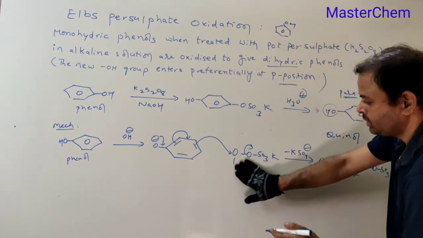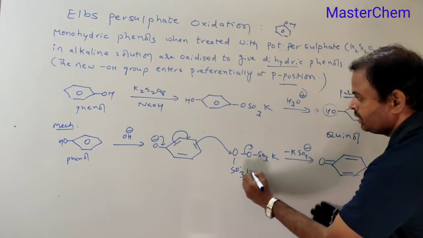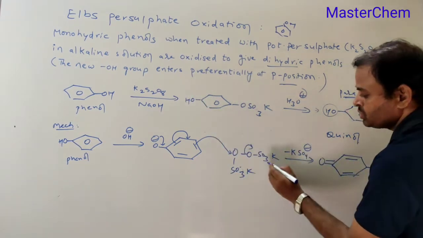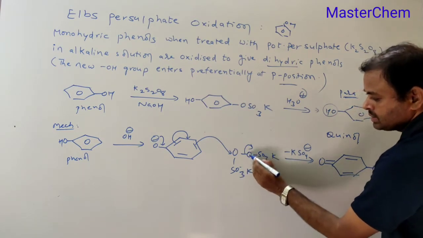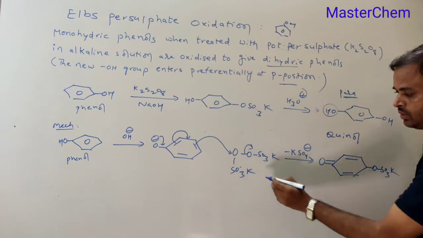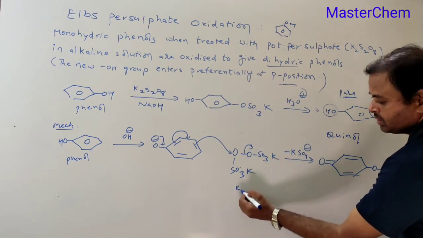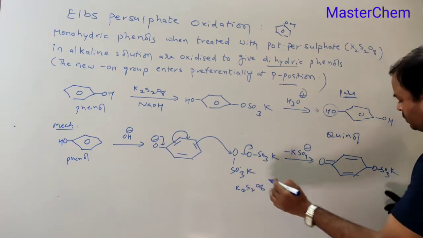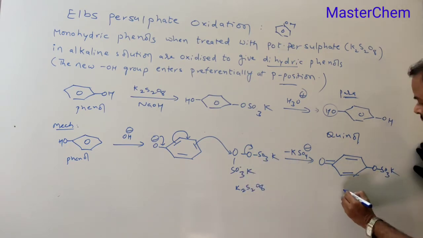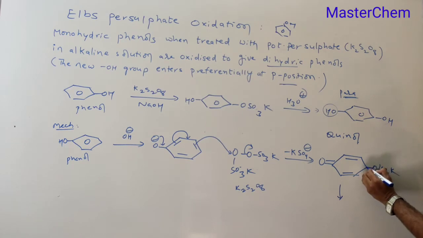Here only SO3K, because it is K2S2O8. So OSO3K. Now here there are three bonds and the fourth linkage is hydrogen.